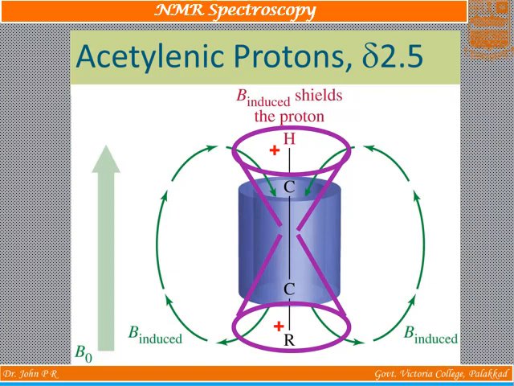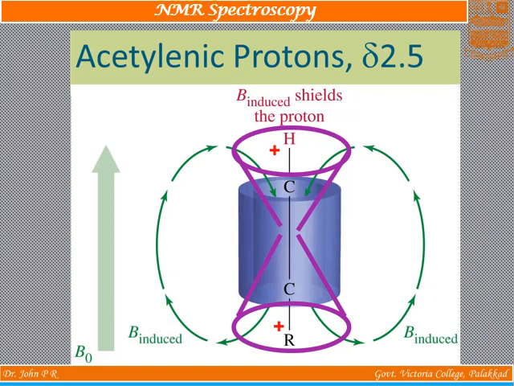So if we analyze the direction of the induced magnetic field, just as we have done in the case of the benzene ring as well as vinylic systems, here we can see that near the acetylenic hydrogens, the induced field is opposite to that of the applied field.